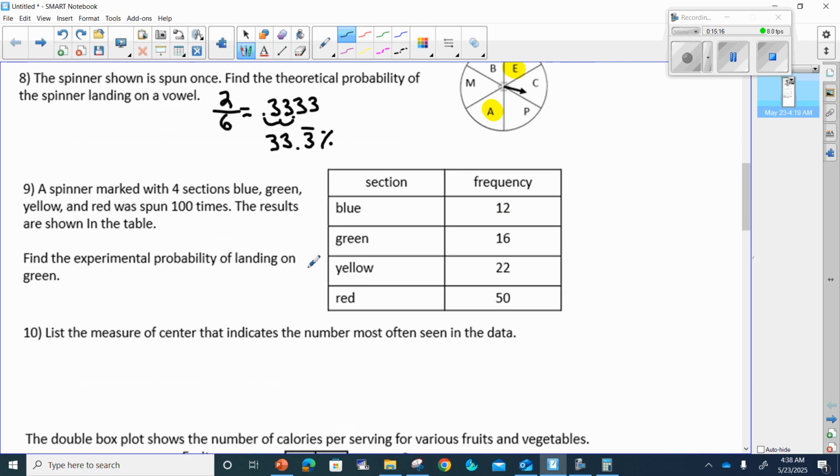Let's go to number 9. A spinner marked with 4 sections, blue, green, yellow, and red, was spun 100 times. The results are shown. What's the experimental probability of landing on green? Experimental probability means what did happen. So it landed on green 16 times. That's 16 out of 100.